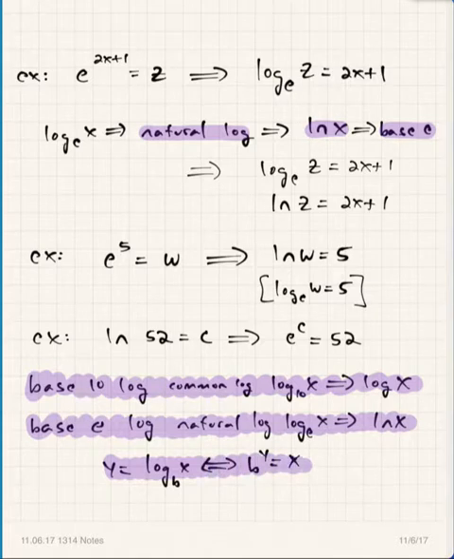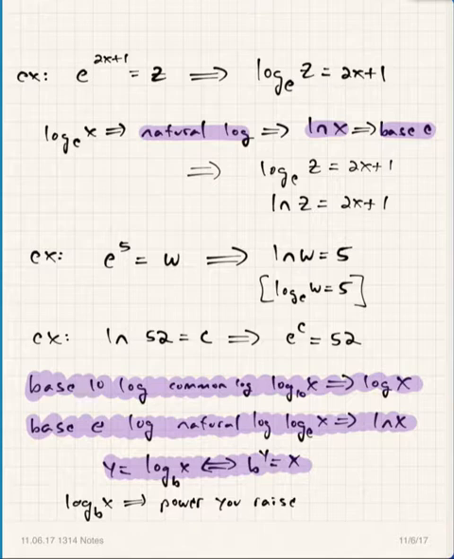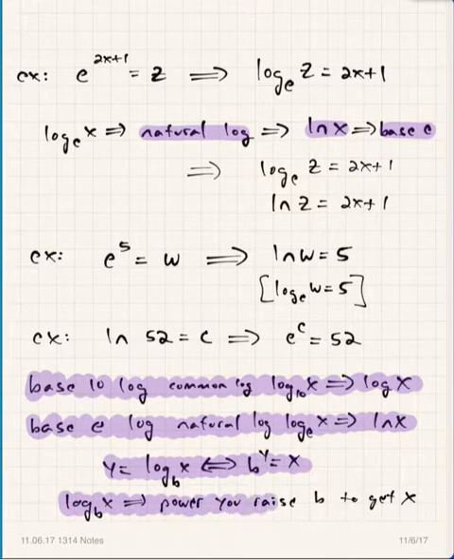And then finally, let's write down that logarithm base b of x represents the power you raise b to get x. Let's explore that a little bit more. This summarizes everything we've just talked about with logarithms and exponential functions and their connection.